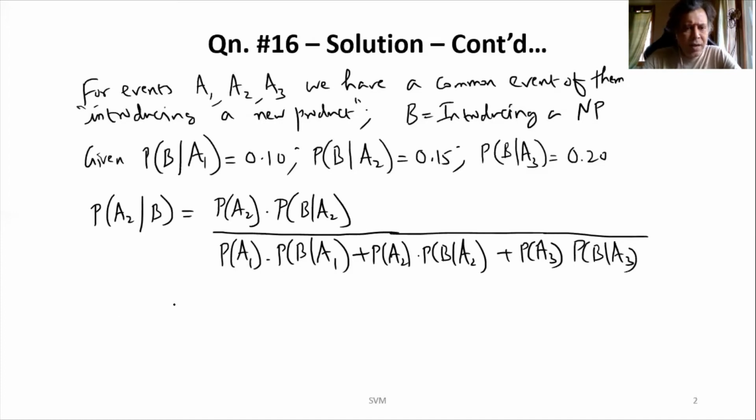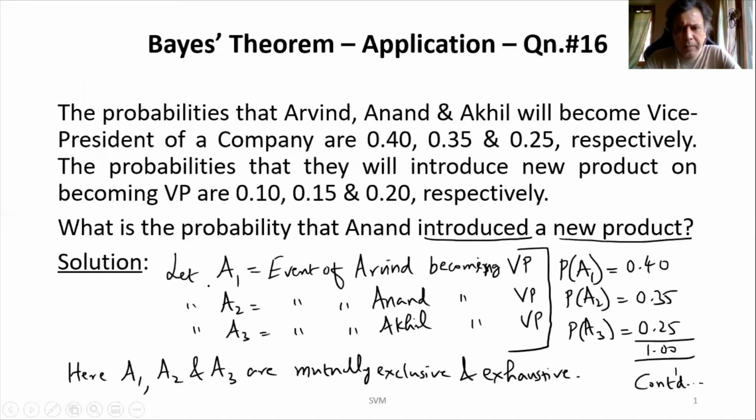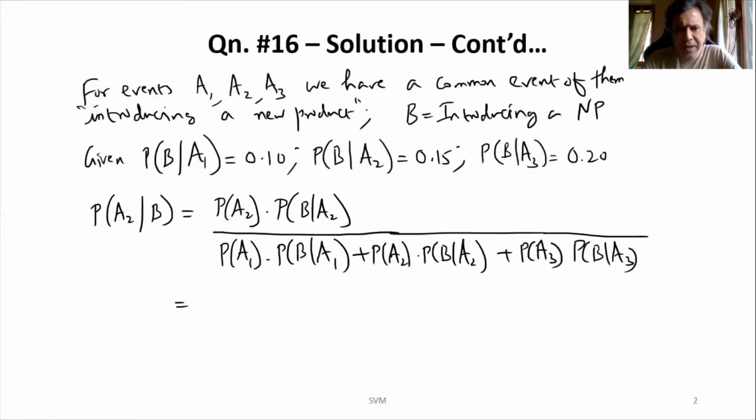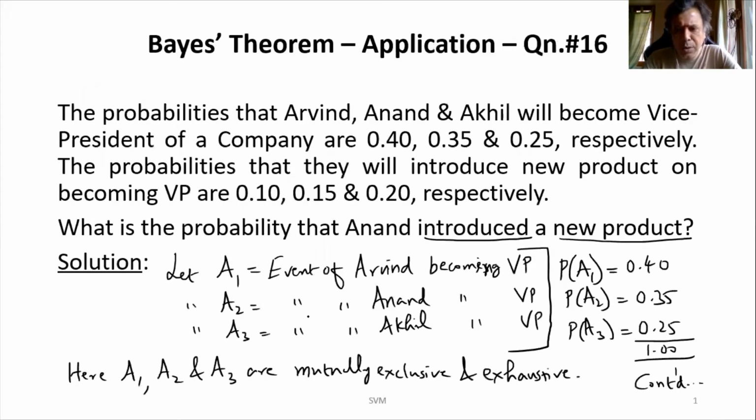Now it is a matter of substitution only. Probability of A2, what is that? A2 is 0.35, so 0.35 multiplied by B given A2, it is known to be 0.15. Then probability of A1, that is known to be 0.4.